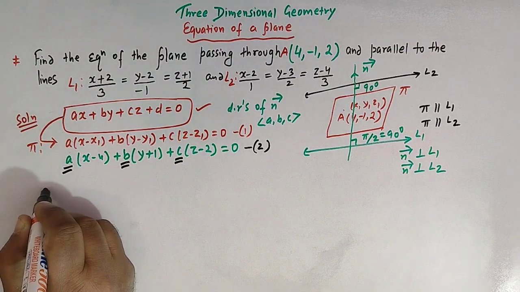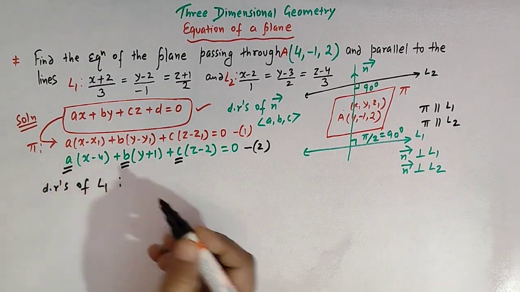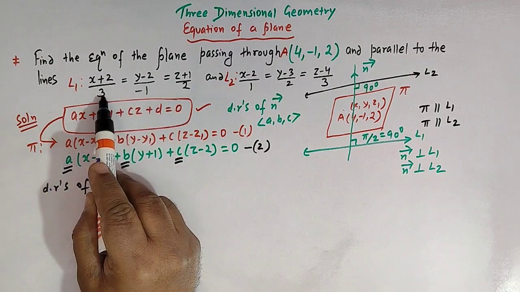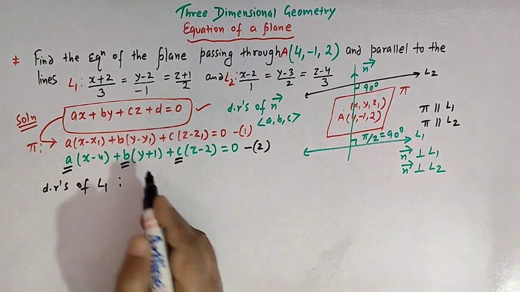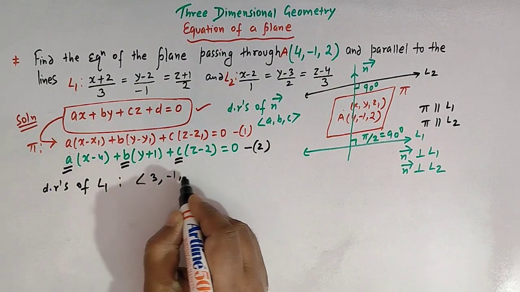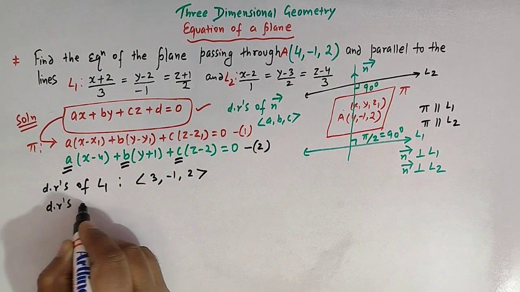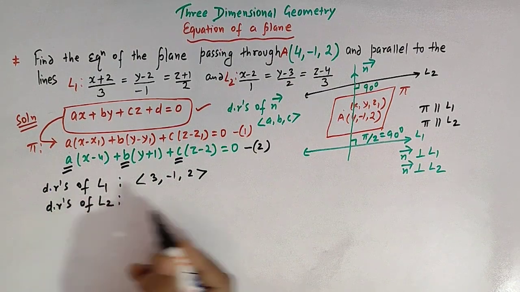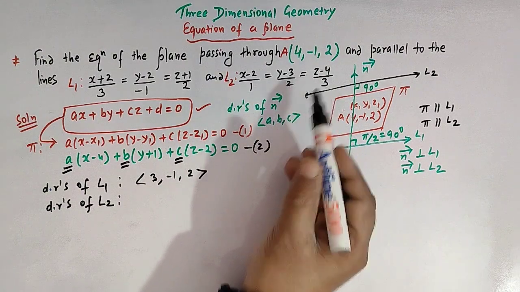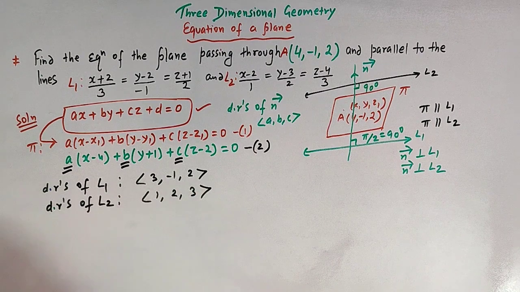The direction ratios of the line L1 are given by these denominators, that is 3, -1 and 2. Similarly, the DRs of the line L2 are given by 1, 2 and 3.